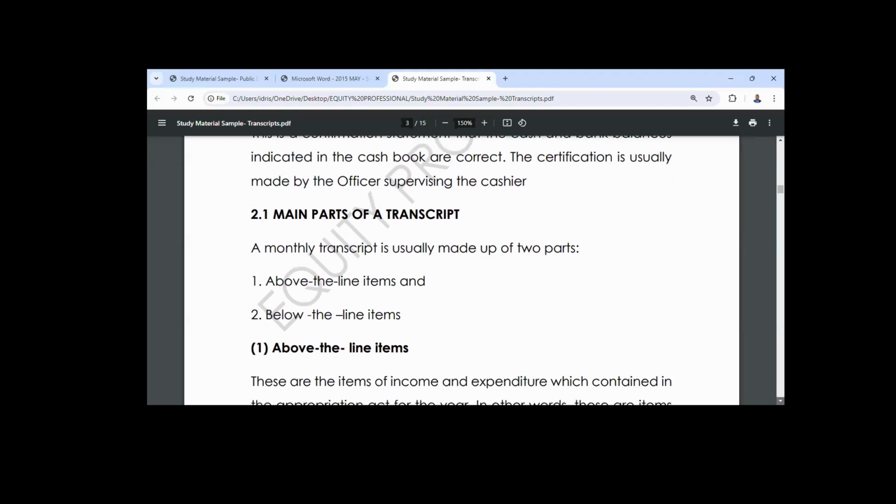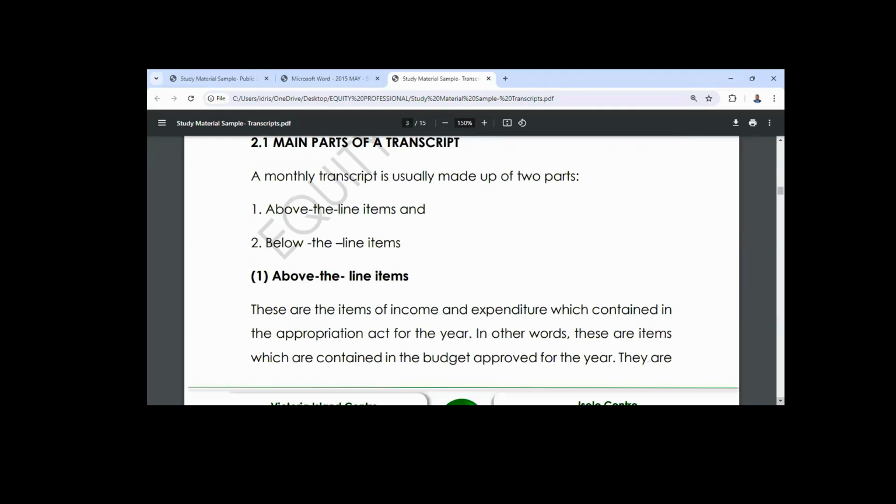Above the line items are the items of income and expenditure which are contained in the Appropriation Act for the year.